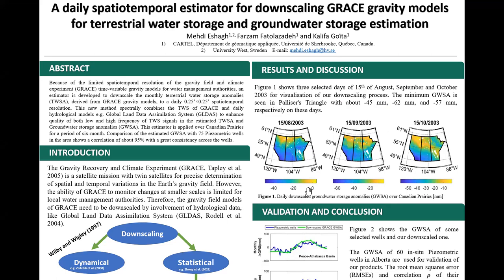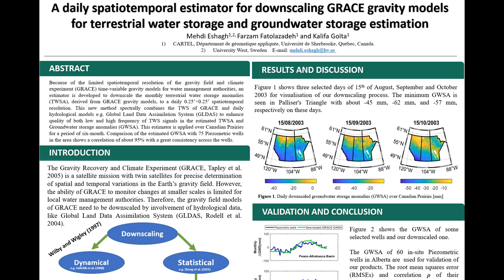So it means that the terrestrial water storage is estimated by the combination of the hydrological models and also GRACE models. And this terrestrial water data are used to compute the groundwater storage.